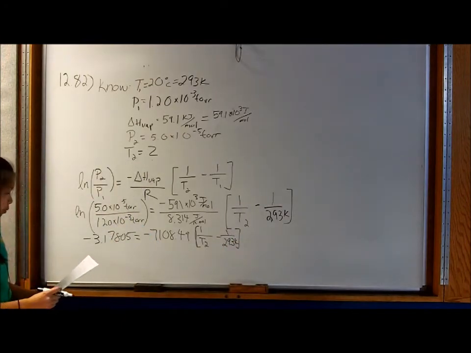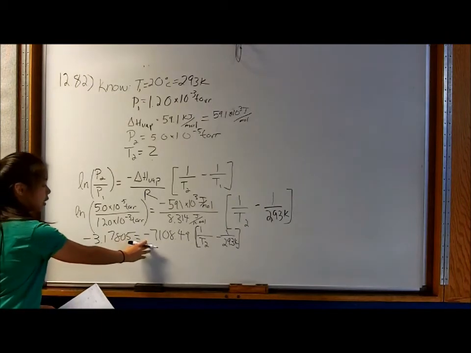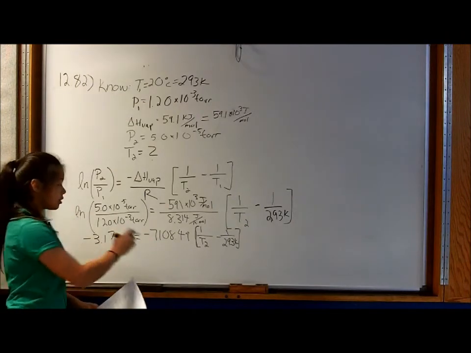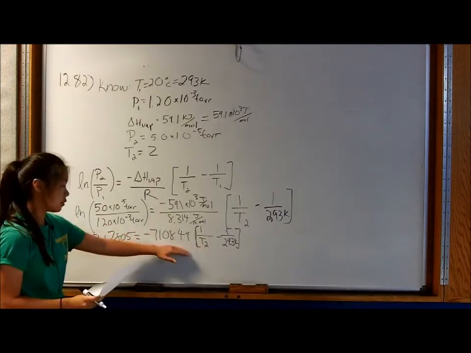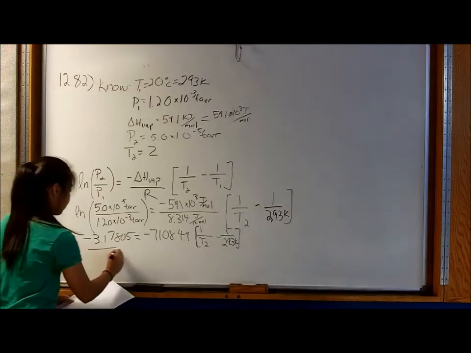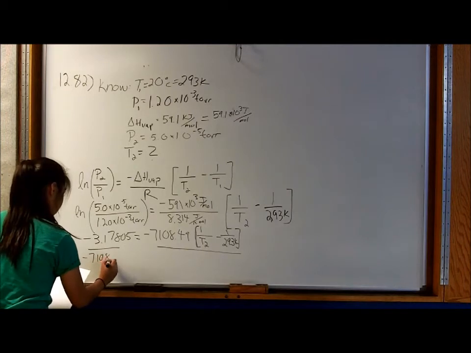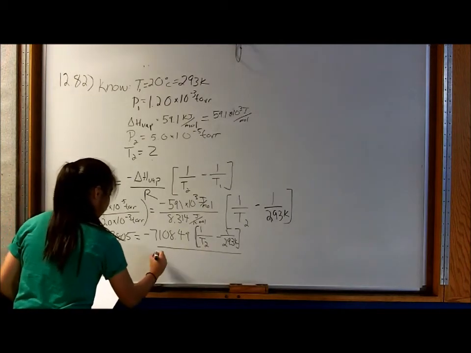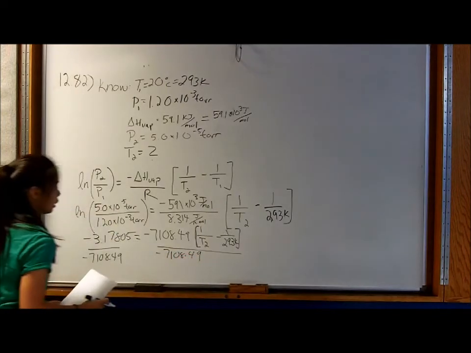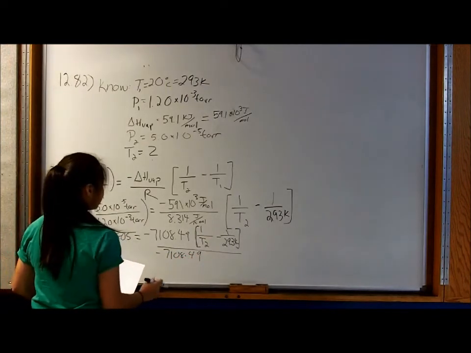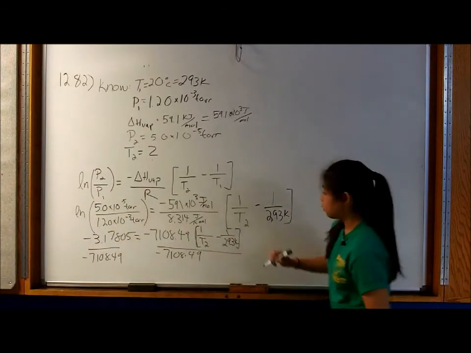So now we want to divide each side by negative 7,108.49 because you want to isolate the T2 eventually, so you're going to divide this first. So what you're going to do is divide each side by that. And now what I'm going to do here is I'm going to erase, I'm going to move over here so you can see it out.